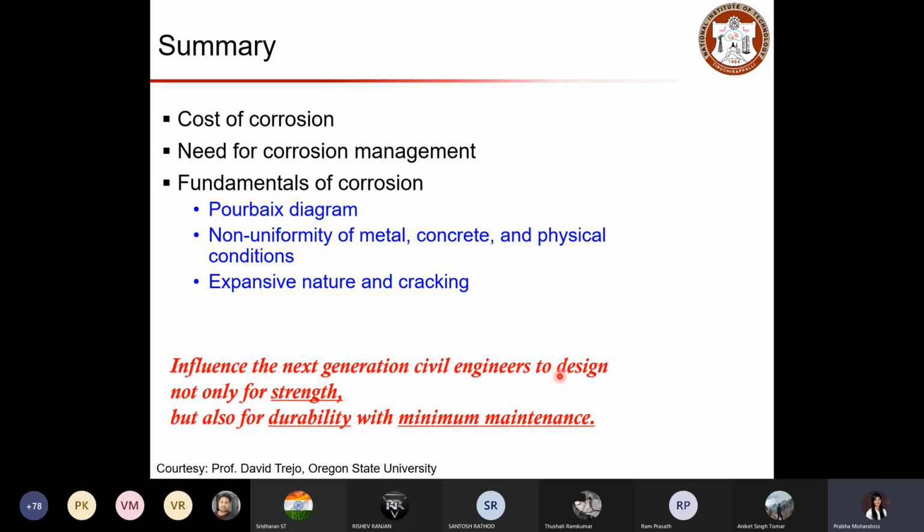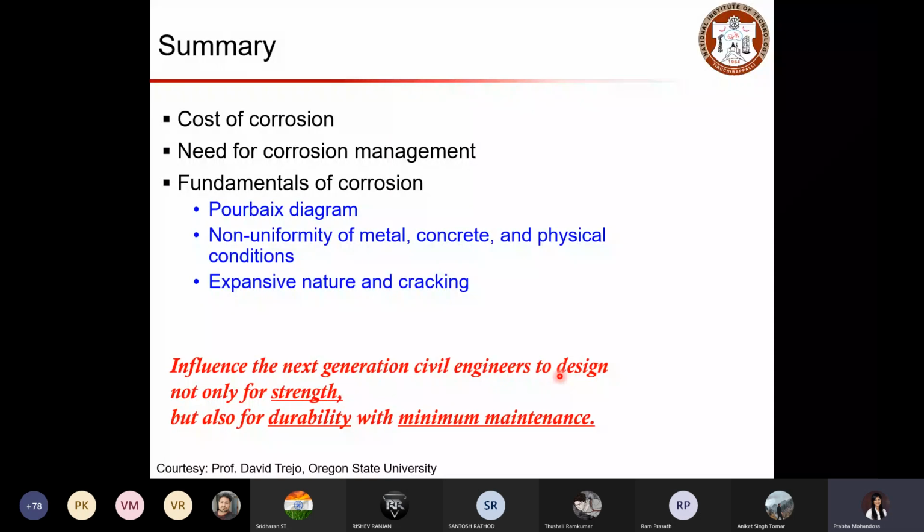And this is one of the statements given by one of the pioneers who has worked on corrosion for several decades, Professor David Trejo. He has emphasized that a lot of engineers give importance only to the strength of the structure.